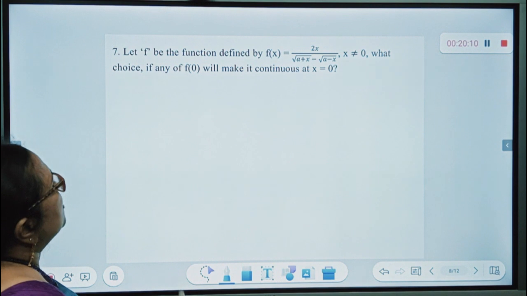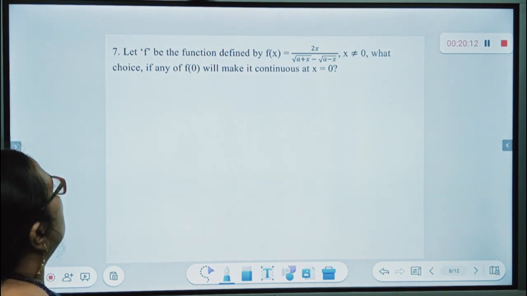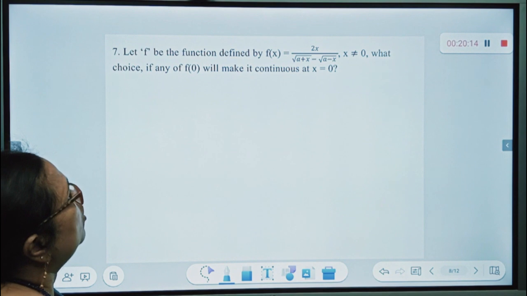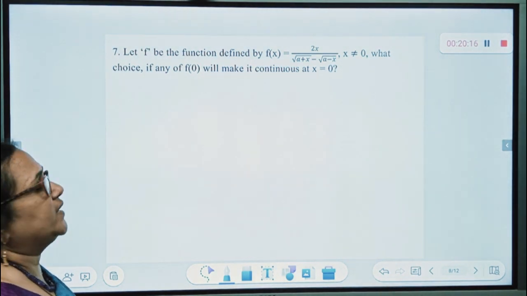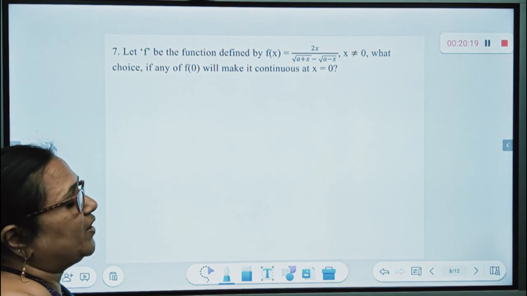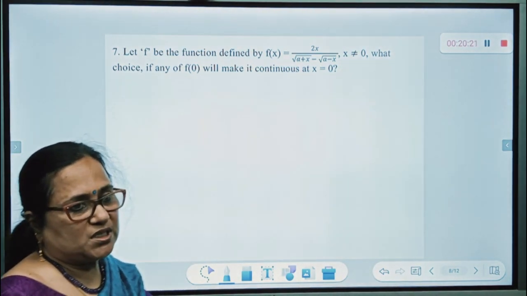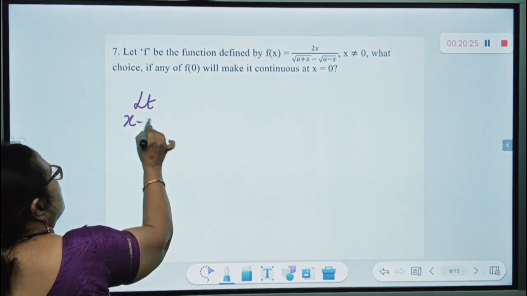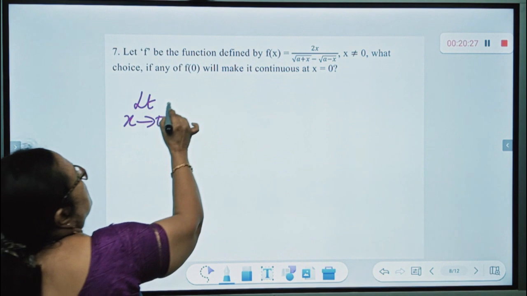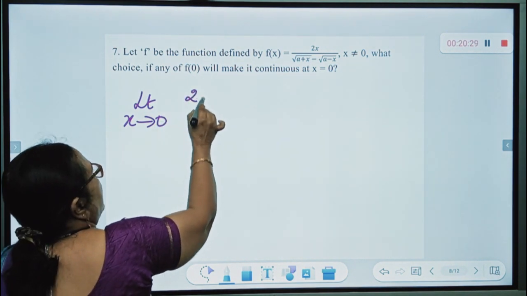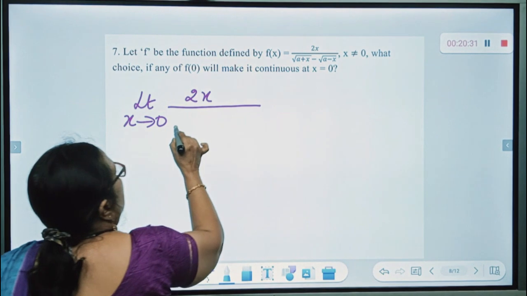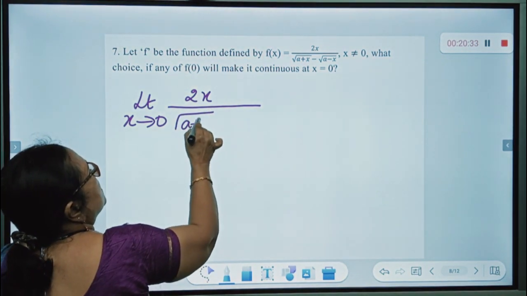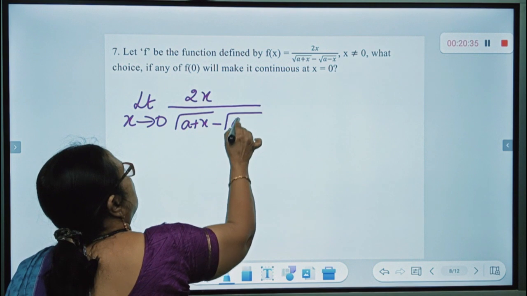Now, you are given a function f. The question is, what will be your choice of f of 0 to make it continuous at x equal to 0? So, we have to define f of 0 so that the function is continuous. So, limit x tending to 0 of f of x will be 2x by root of a plus x minus root of a minus x.